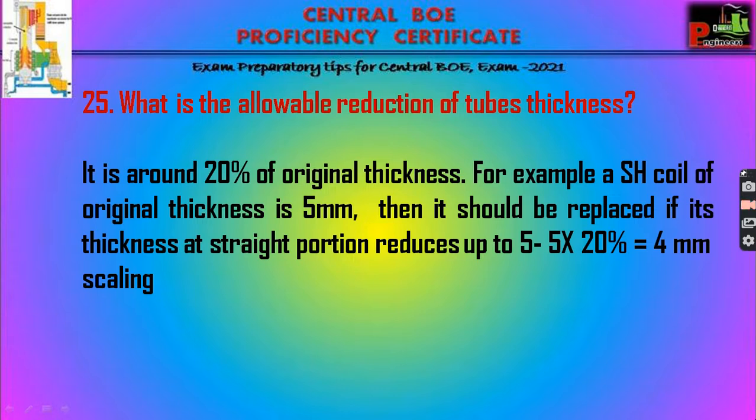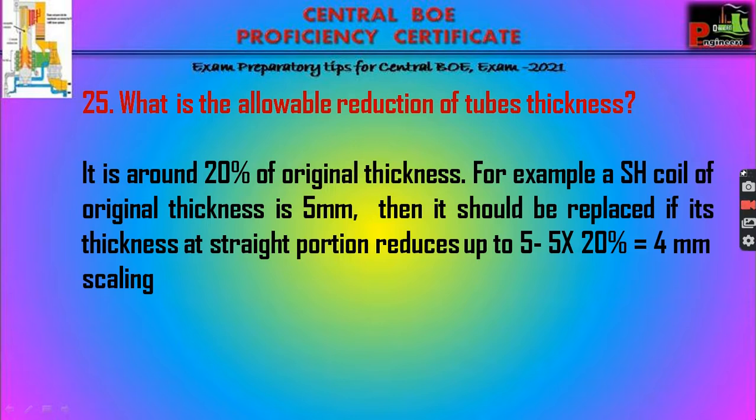What is the allowed reduction of tube thickness? Yes, during running of a boiler, the tubes of the boiler gradually reduce in thickness due to erosion, due to rubbing of ash particles and flue gas.